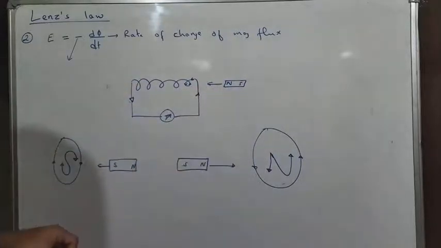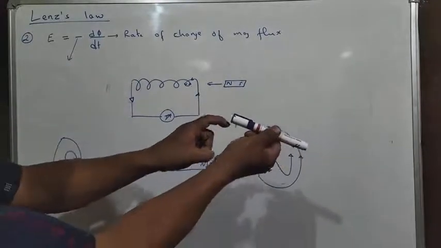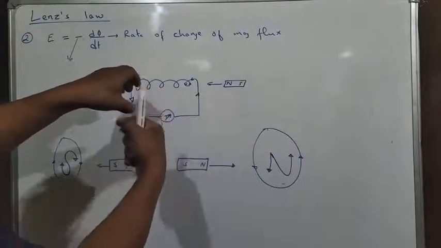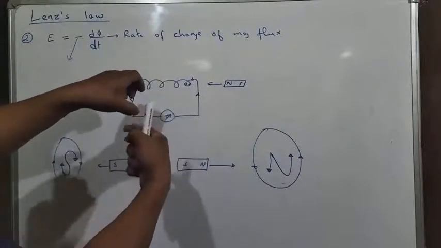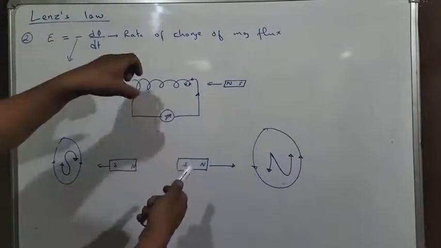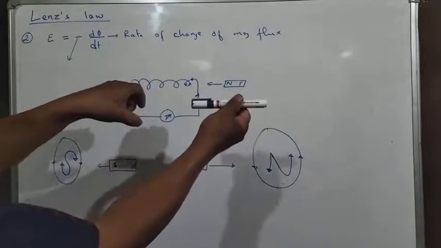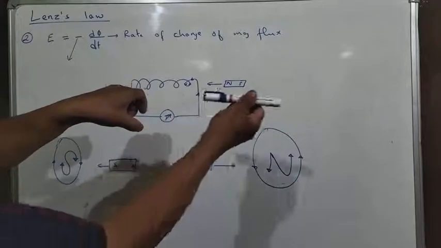Are you getting my point? If you move the north pole towards the coil, this face of the coil behaves like a north pole. Then the magnet will experience a repulsion by the coil.